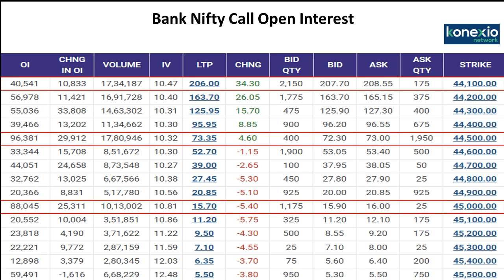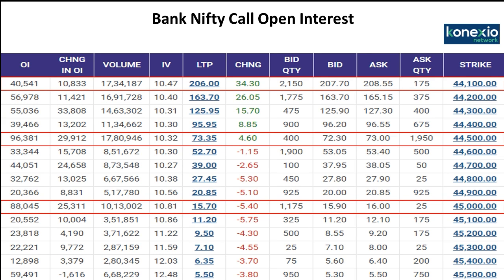After that, the second volume concentration is at 44,500, along with open interest at 44,500. So it is clearly indicating that until and unless 44,151 is breached, one should stay away from going long. And once it crosses, then definitely you can start buying Bank Nifty calls.